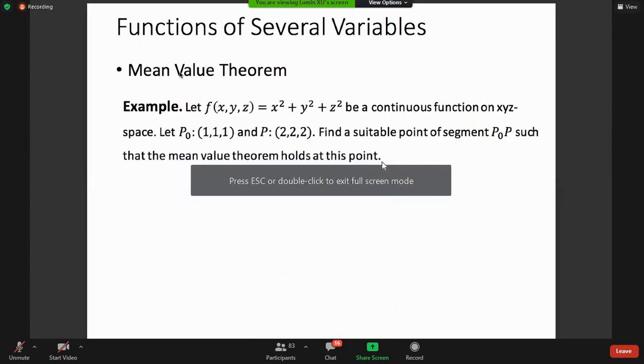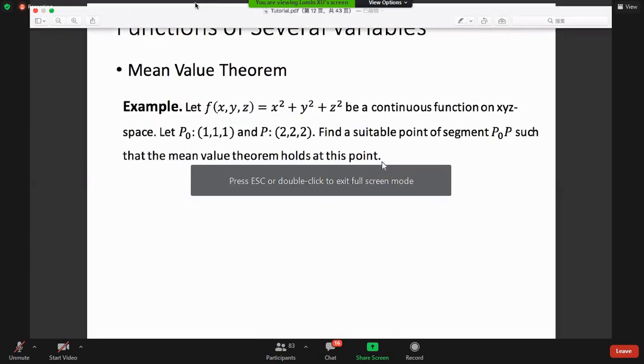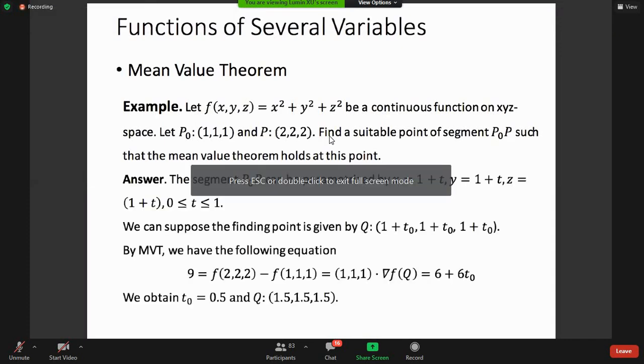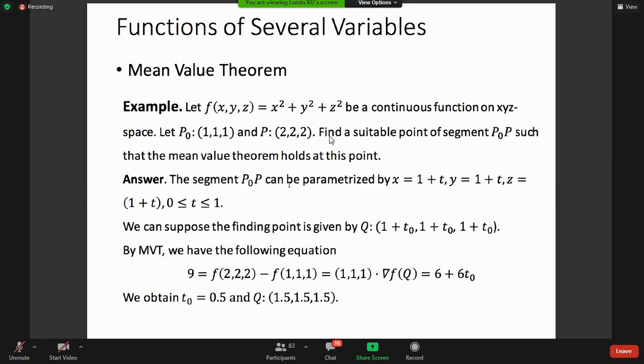Plot it. And so the segment can be represented by this one, right? t from 0 to 1, and x, y, z equal to 1 plus t.